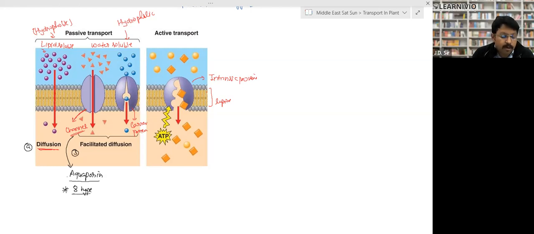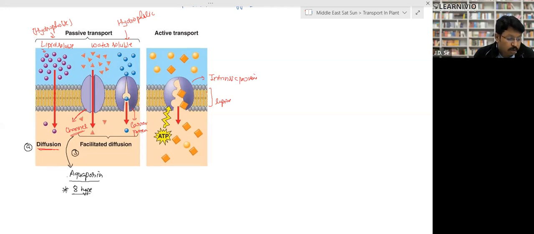Full stop. Aquaporins are proteins which transport water soluble substances passively. Full stop.